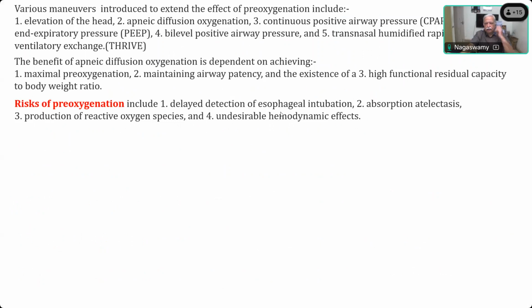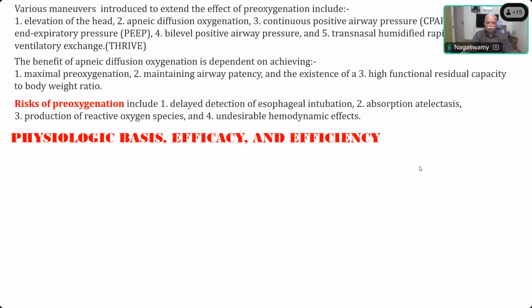So it will delay the detection of esophageal intubation, and prolonged oxygenation can lead to absorption atelectasis, especially in the basal portions, and it can produce reactive oxygen species, and it can change the hemodynamics, like it can produce a bradycardia and other things.